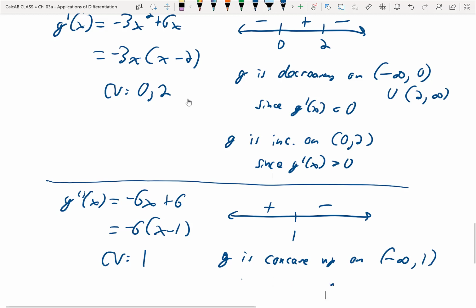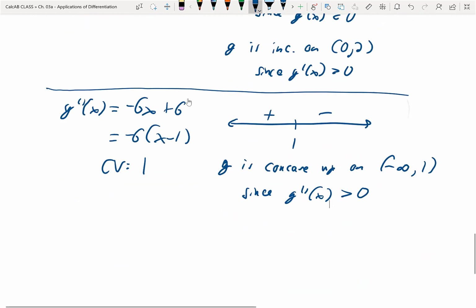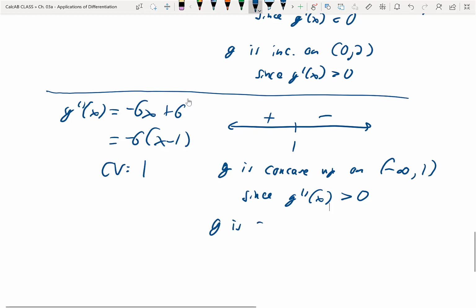Oh, I forgot my reason. G is concave up on negative infinity to 1 since g double prime of x is greater than 0. And then I'm going to say g is concave down on 1 to infinity since g double prime of x is less than 0.